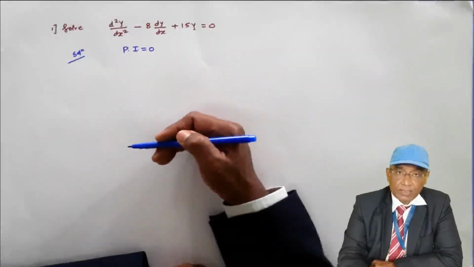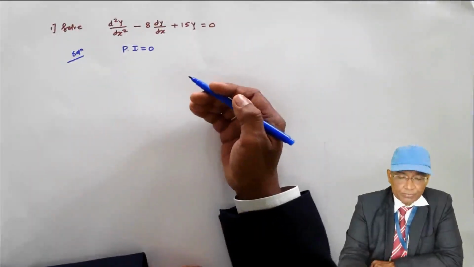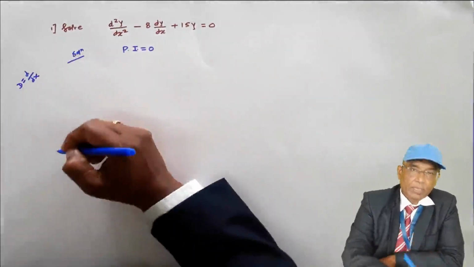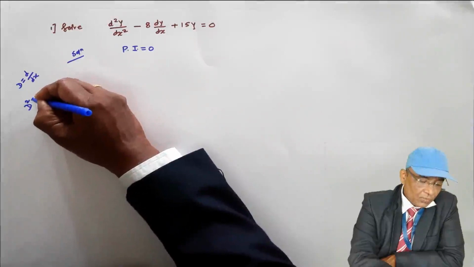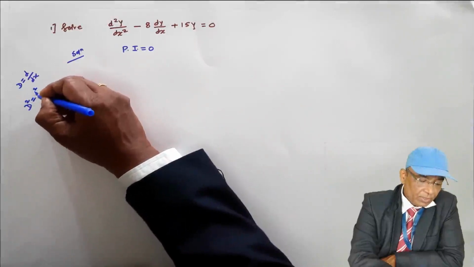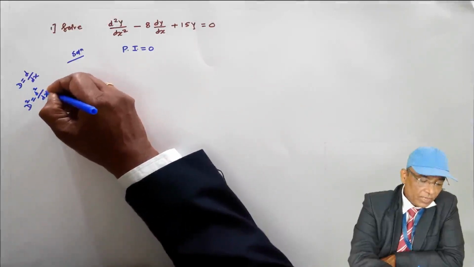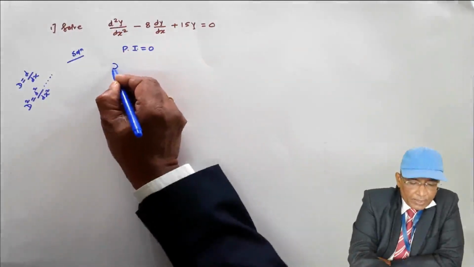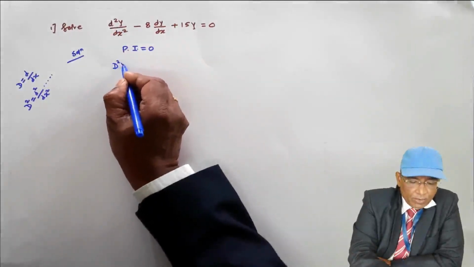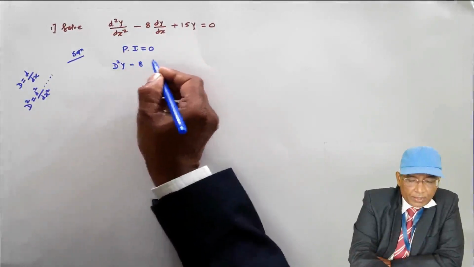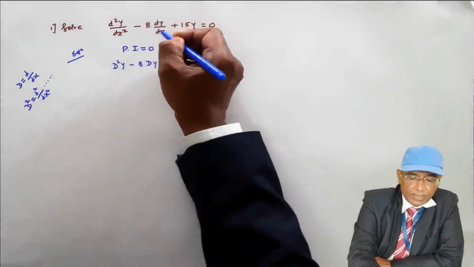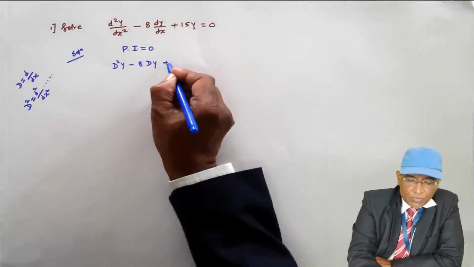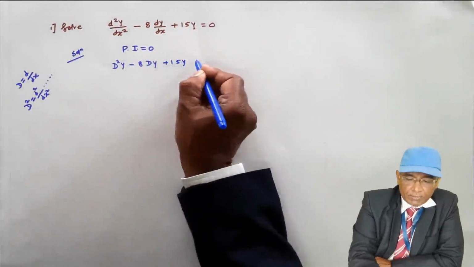Yes, for the complementary factor I have to write the auxiliary equation also. The d2y by dx square, for convenience, capital D is d/dx, D square is the double derivative with respect to x, d2 dx square and so on. Now this differential equation in terms of capital D I am writing: D square y minus 8 D y plus 15y is equal to 0.